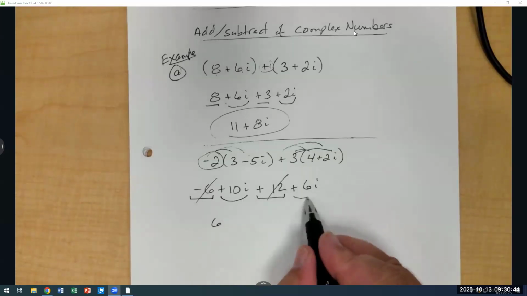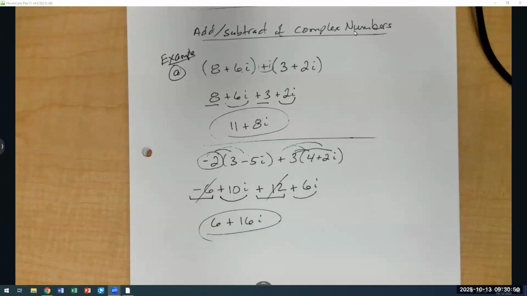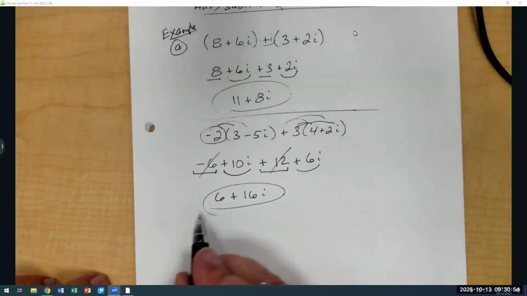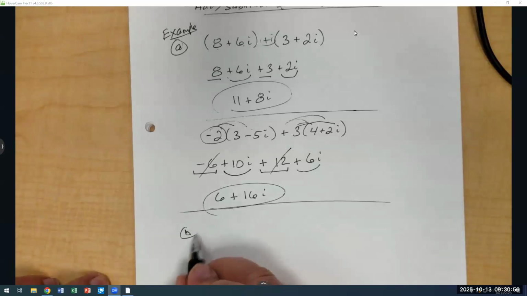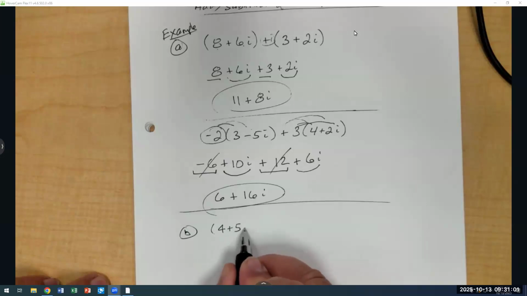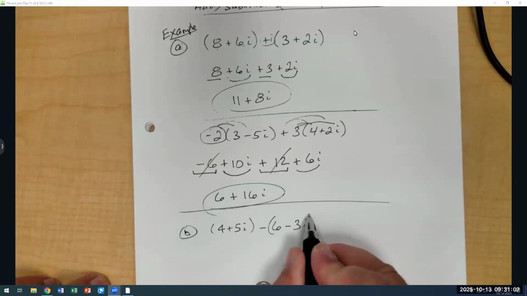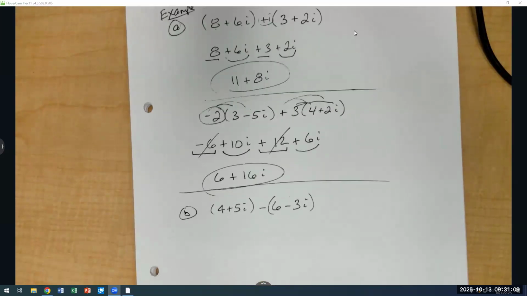Positive 10i, positive 6i, they're both positive. 10 plus 6 is 16i, and there's your answer. How about this one?